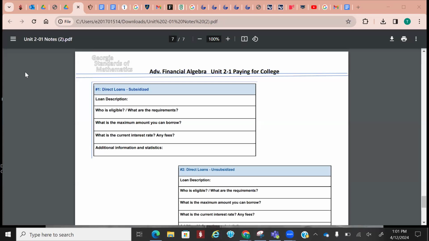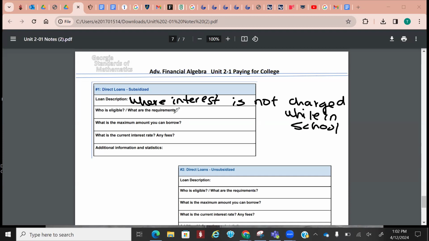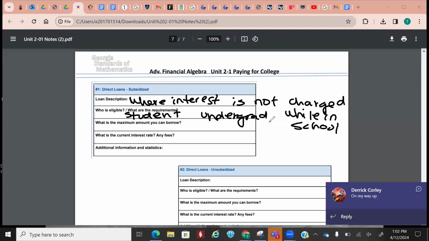So direct subsidized loan, this is a loan where interest is not charged while in school. Okay, so who's eligible? This is going to be the student, and you have to be an undergrad. Undergrad is where you're going to get your bachelor's. Graduate school would be master's or doctorate.